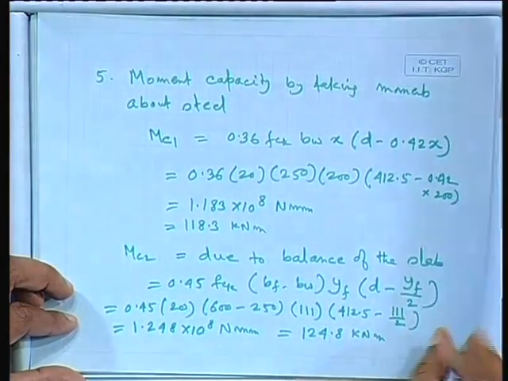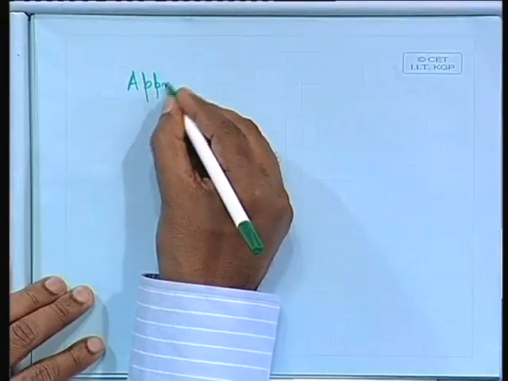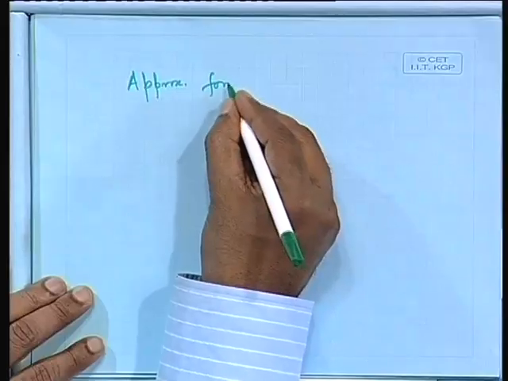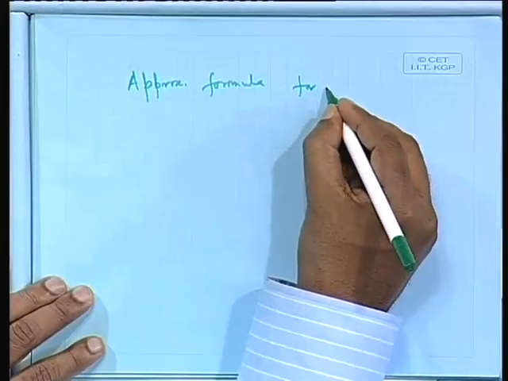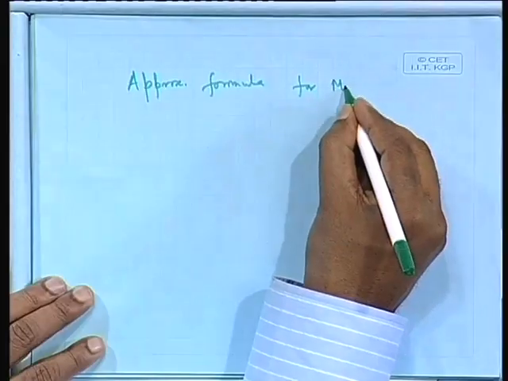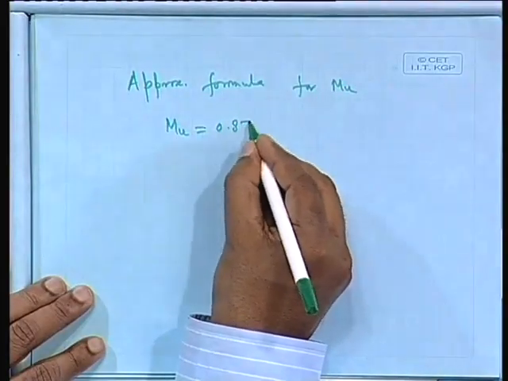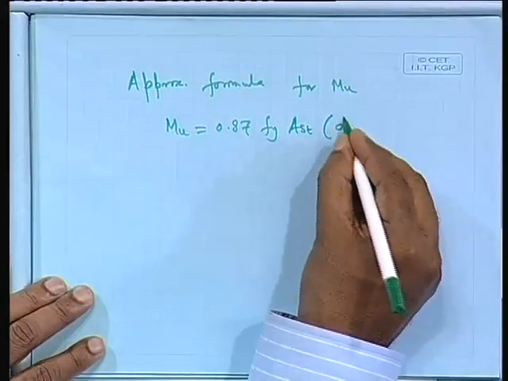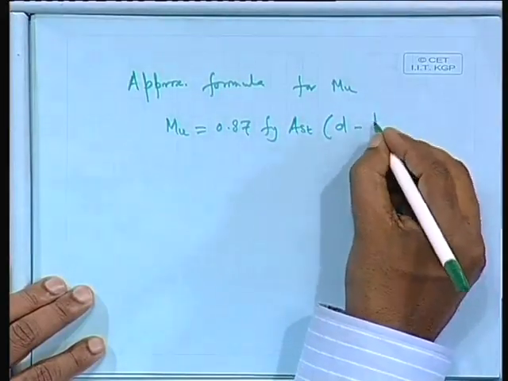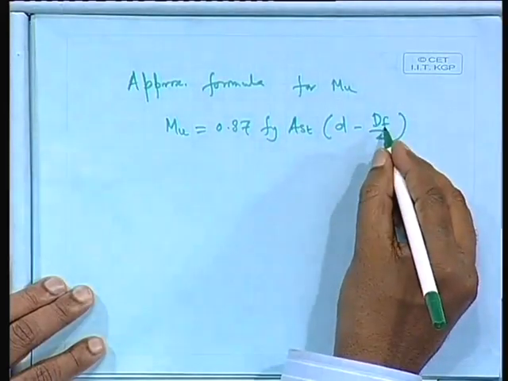And we can also get that approximate formula for steel: Mu equal to 0.87 Fy AST times d minus dF by 2. Here I have written dF, approximate.